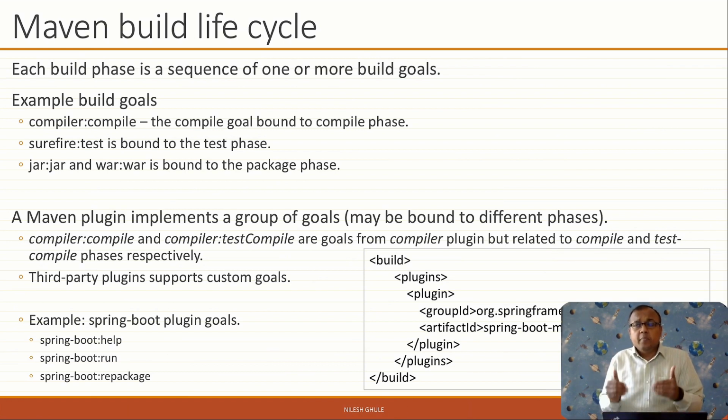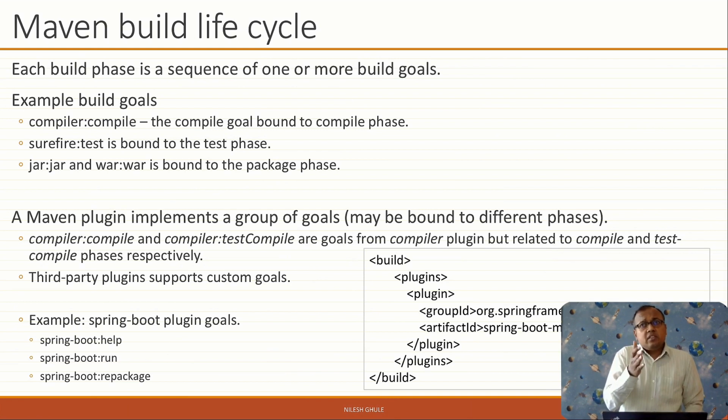One Maven build plugin may have multiple goals from different build phases. For example, the compile and test compile goals from the Maven compiler plugin are applicable for the compile and test compile phases, right?